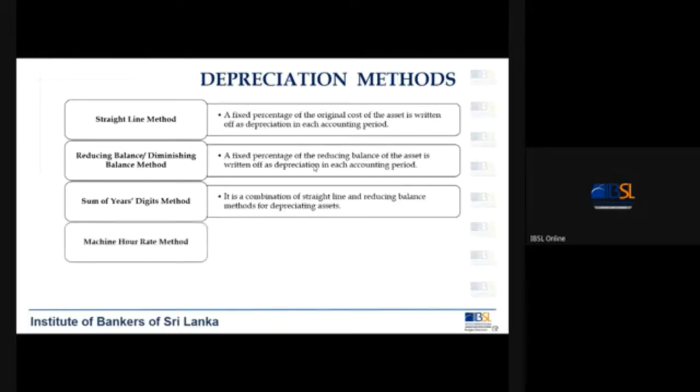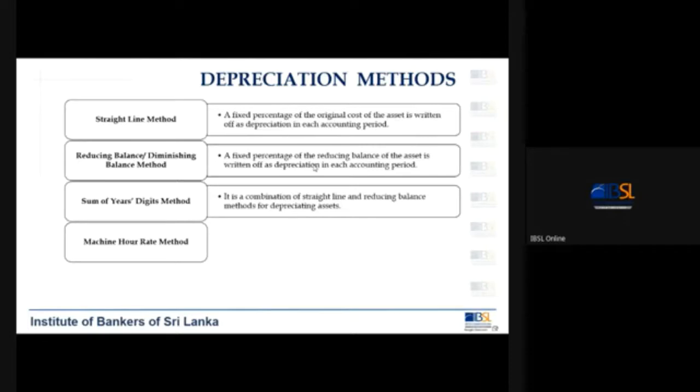The fourth one we learn here is the machine hour rate method. By the name of it itself, you should recall for what type of organization you can think of this. Obviously, it is something to do with a manufacturing organization. Why? We calculate the depreciation based on a machine hour rate.